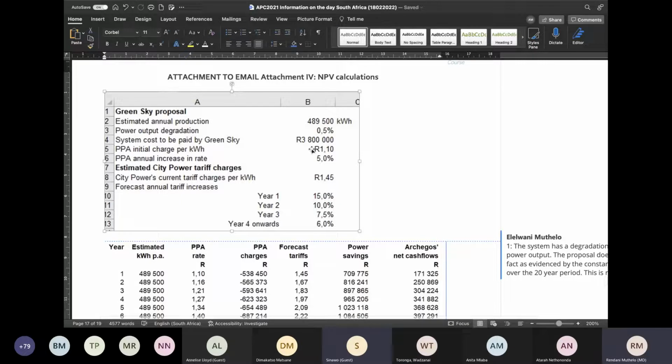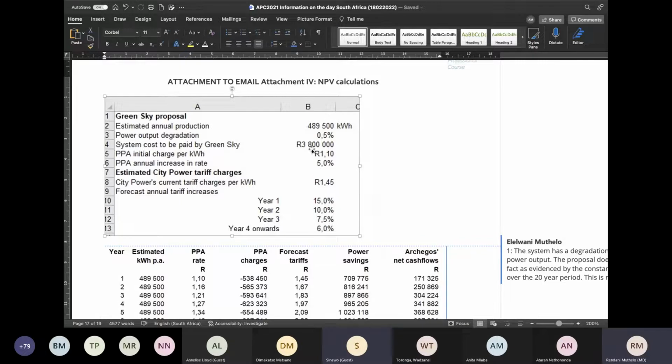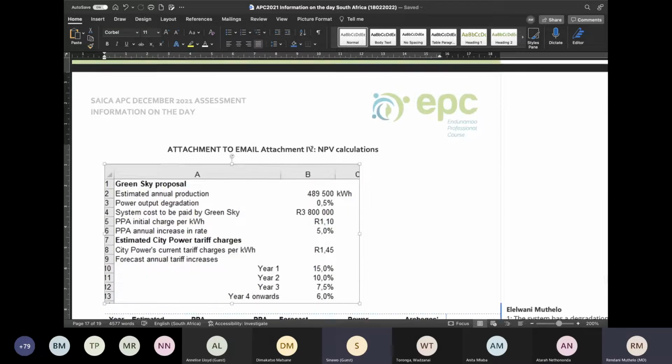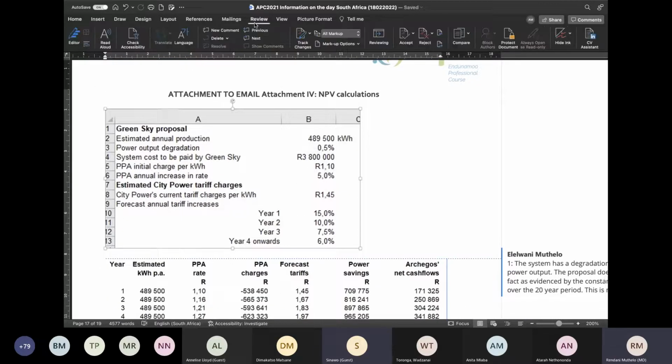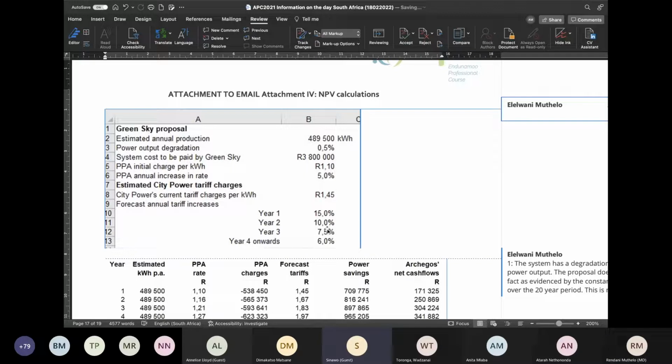No, we are not going to do that, because they were specific that we shouldn't. So it's a matter of questioning whether these numbers, as given, are reasonable or not.